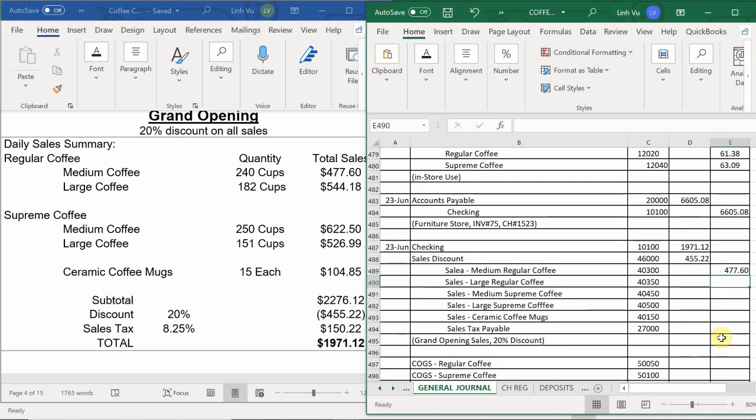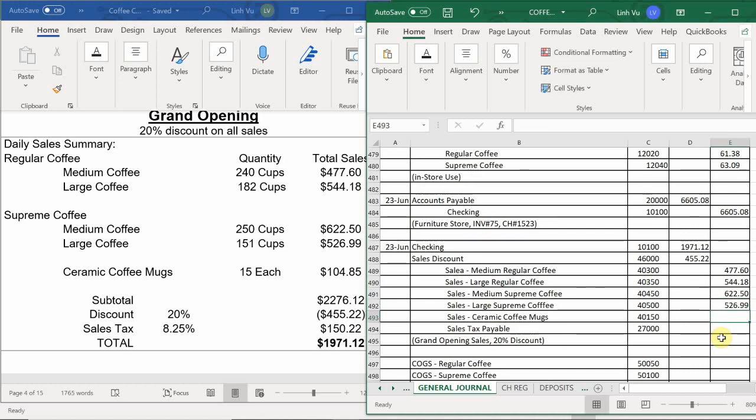The sales large regular coffee, 544.18. Okay. What about the medium supreme? 622.50. And the large, large 526.99.